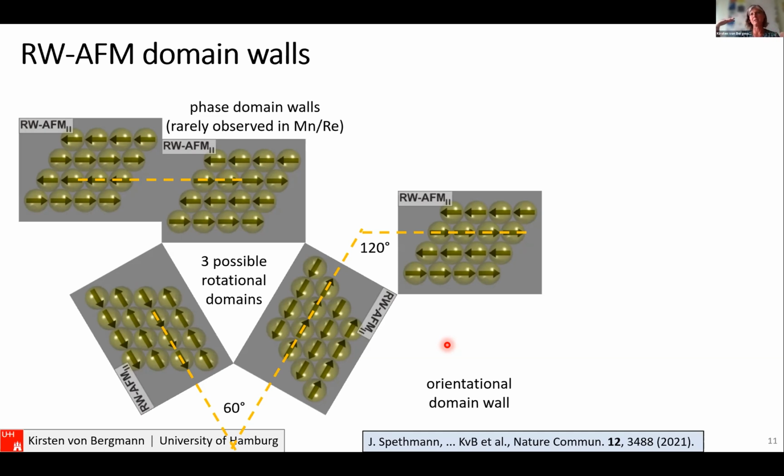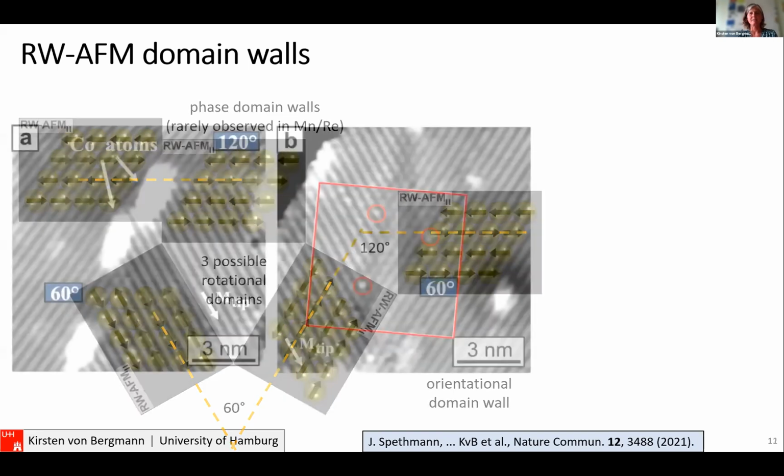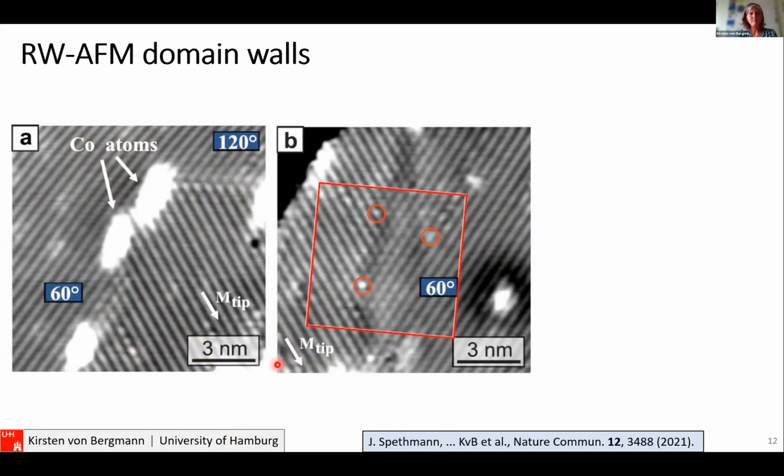So you could imagine that as you go across such a domain wall, you just have a coherent rotation of the spins, and that's how you connect the two rotational domains as you would have that in a ferromagnet, and that's not the case. So here are images of a part of a 60-degree domain wall and a part of a 120-degree domain wall.